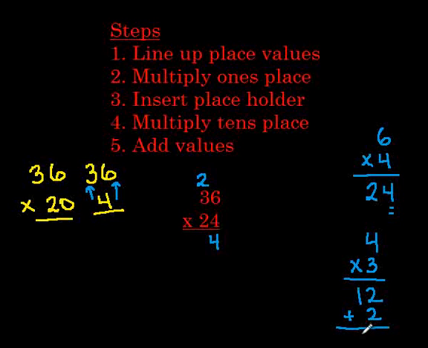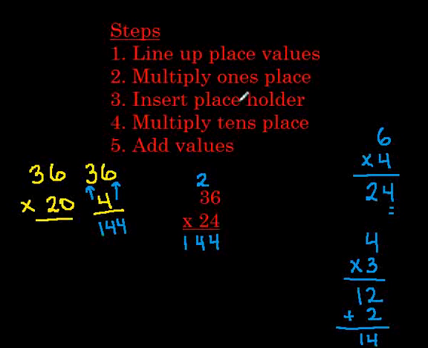And so 12 plus 2 comes out to be 14, where I'm going to write the 4. And the 1 doesn't get carried over on top of any other number, so the 1 just comes down. So truly, when I multiplied 4 times 36, I got 144.